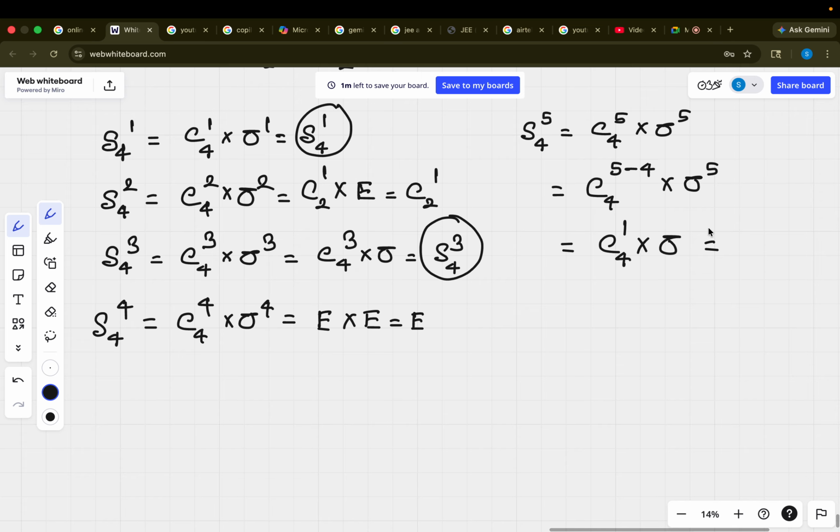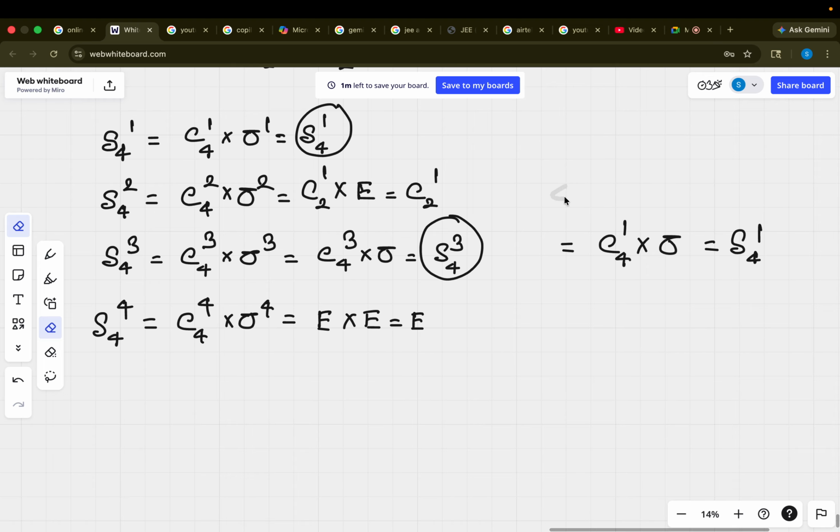So basically here also you will get S4^1. So these two are the same thing, S4^1 and S4^5. So no need to do that. Okay, you are getting the same thing again.